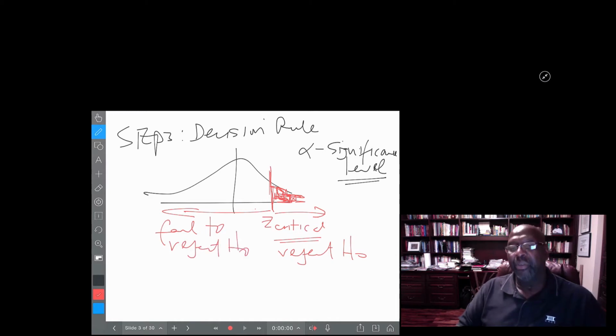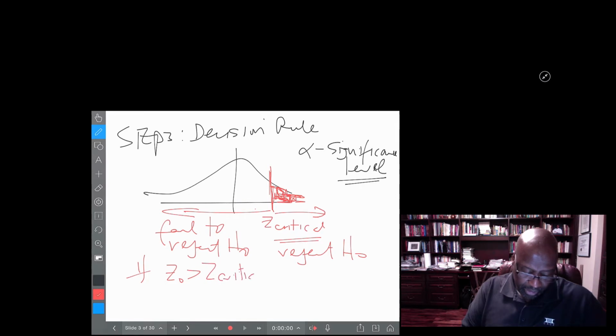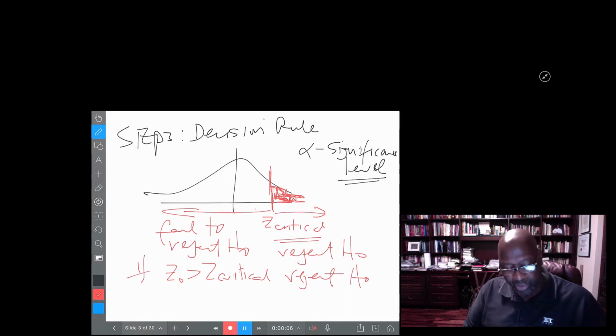So that's called a decision rule. If the Z that I calculate is greater than my Z critical, then we will reject H0. And so that is a critical rule. Now notice that this is a case where the evidence is actually in the right tail of the distribution.